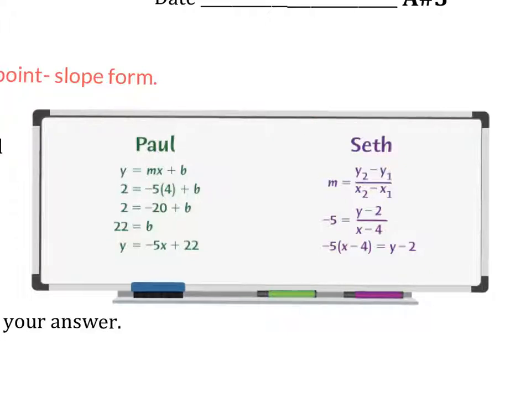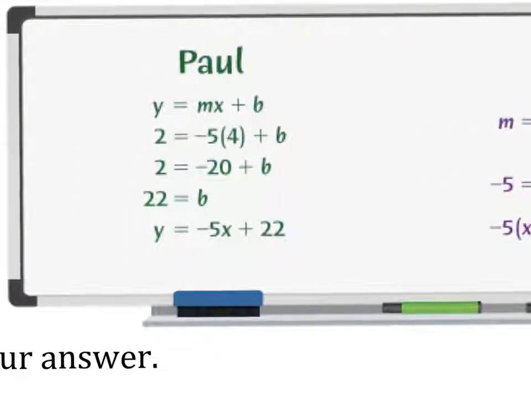So let's see further what Paul did here. As you can see, Paul combined these two here to become negative 20, and just to show that work there, he added 20 to both sides, so that dropped out, and we got 22. So b is 22, so he substituted that value in there, and he substituted the original slope in there, y equals mx plus b.